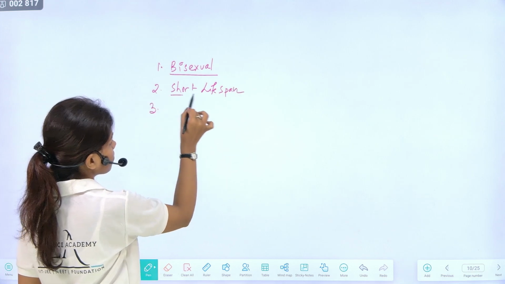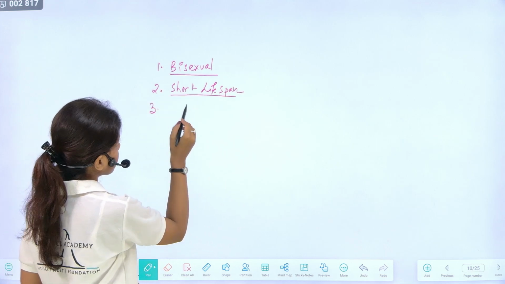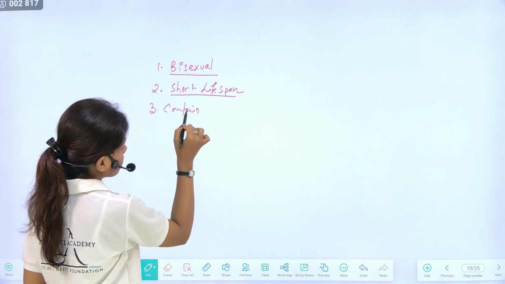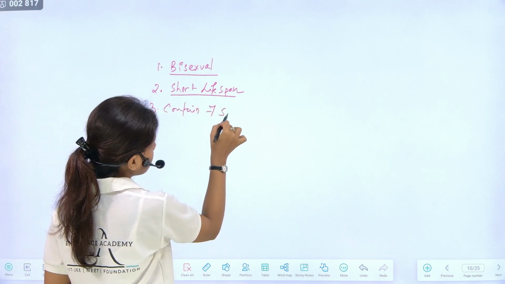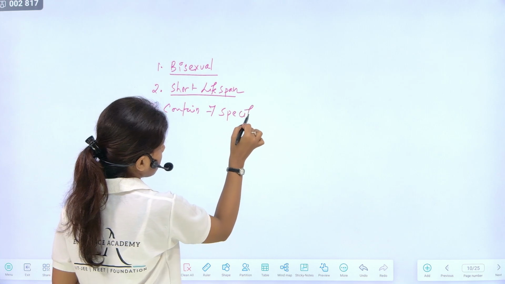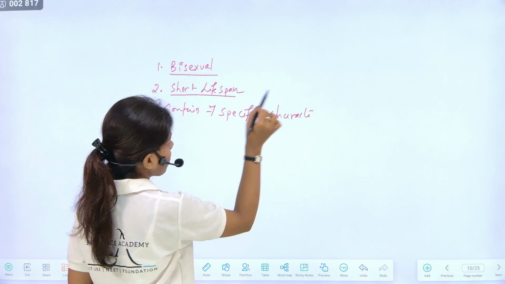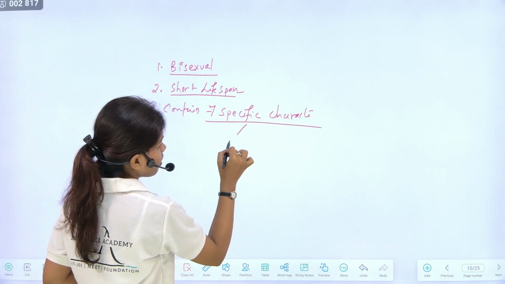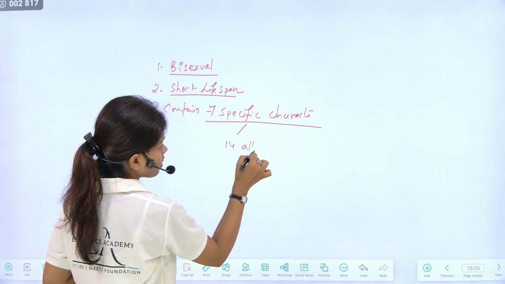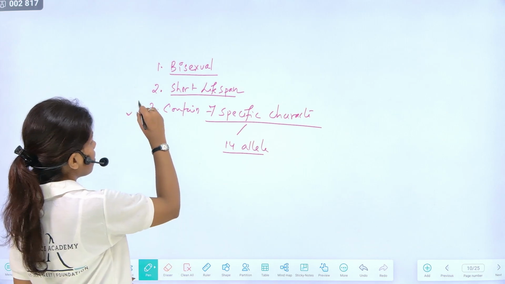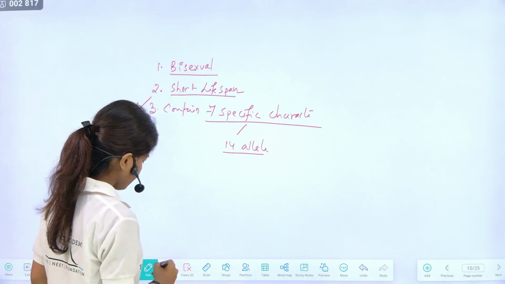Third, it contains 7 specific characters. 7 characters means 14 alleles are there. This is an important reason.